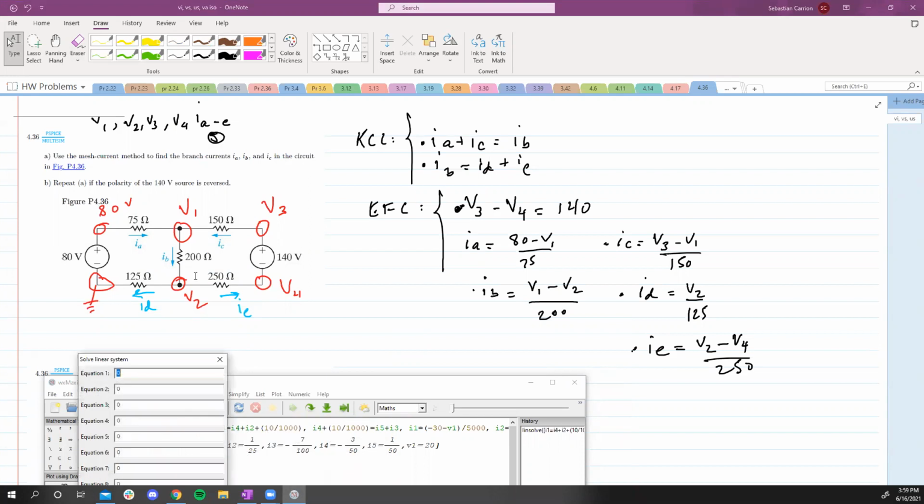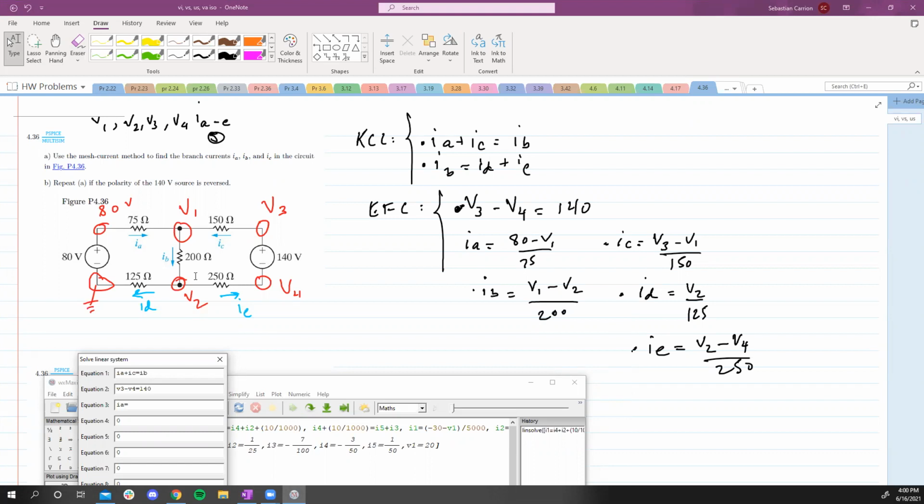So we have the equation IA plus IC equals IB, V3 minus V4 equals 140. Well, IE equals IC, so I can just replace that.